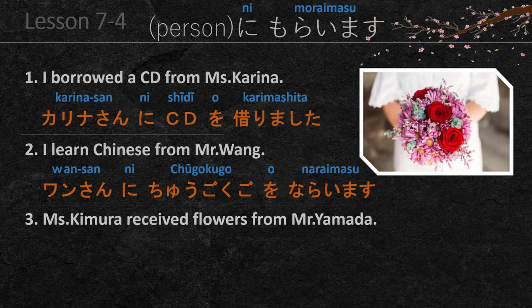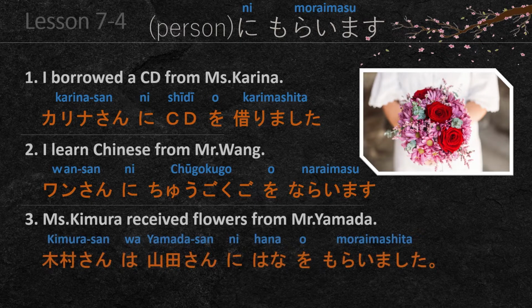In the third example sentence, we'd like to say, Miss Kimura received flowers from Mr. Yamada. Kimura-san wa Yamada-san ni hana o moraimashita. In this case, the topic of the sentence has already been stated for us. Kimura-san.